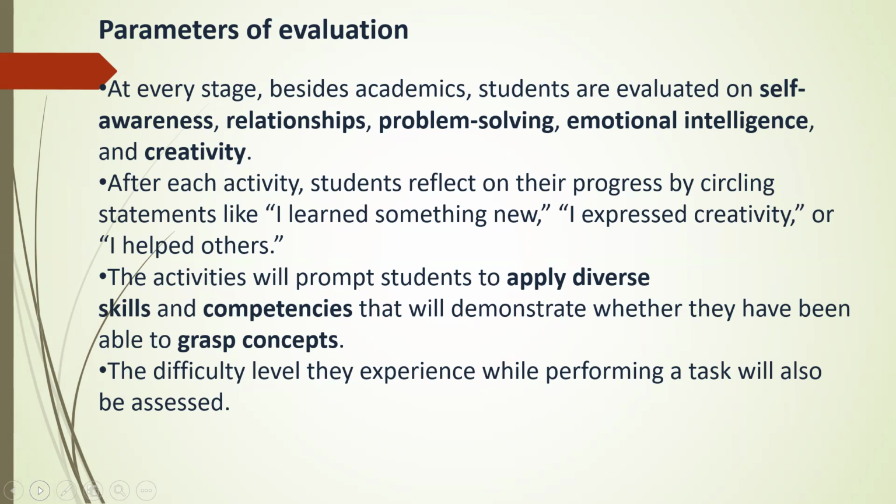The activities will prompt students to apply diverse skills and competencies that will demonstrate whether they have been able to grasp concepts, whether they have been able to know the main concepts. The difficulty level experienced while performing a task will also be assessed.